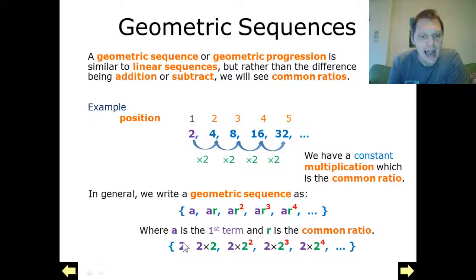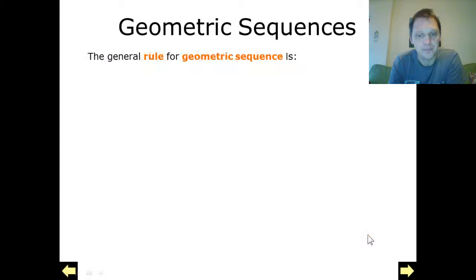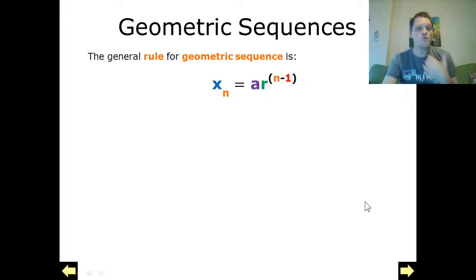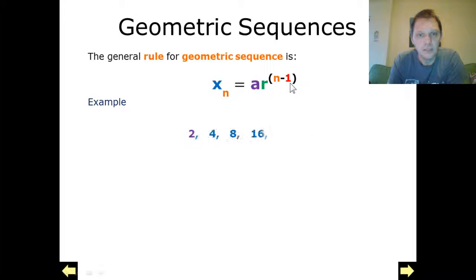So here we've got A, which is 2, so our first term is 2. 2 times 2, which gives us 4. 2 times 2 to the power of 2 gives me 8, and carrying on as we go up. So the general rule for geometric sequence is x of n equals AR to the power of n minus 1.